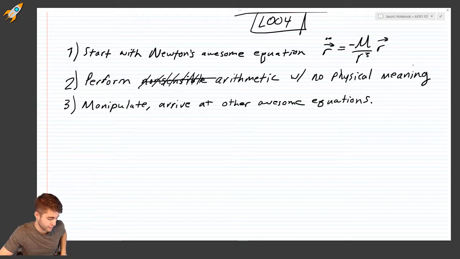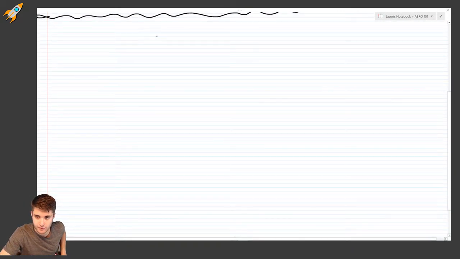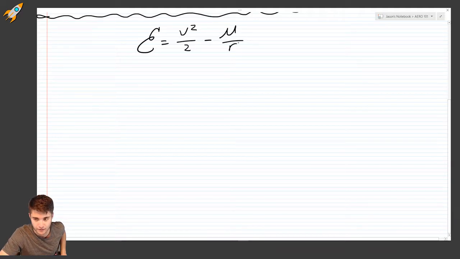Alright, so let's move onward then. We've done this with the orbit equation. We took Newton's law of gravitation, did some work on it, and derived something else. We're going to do the same thing with the Vis Viva equation today. As we know, the Vis Viva equation says the specific energy of any orbit is equal to velocity magnitude squared over 2, subtracted by your gravitational parameter over your position vector. If you've been following along, you should know this equation by heart now because of how many times we use it.